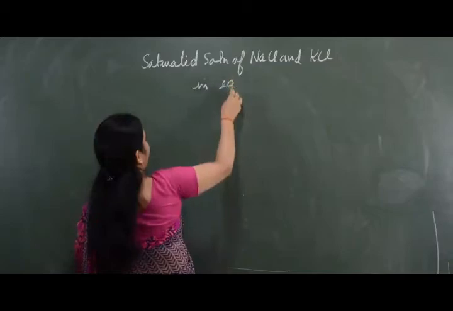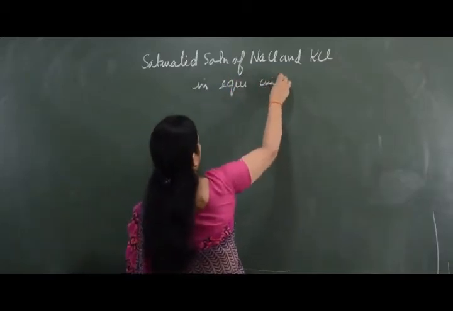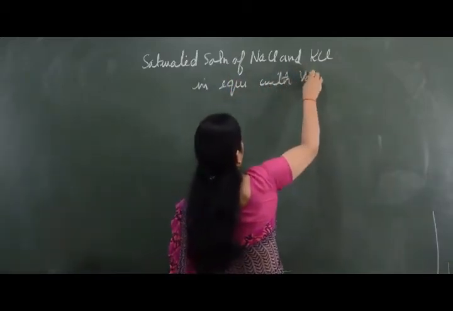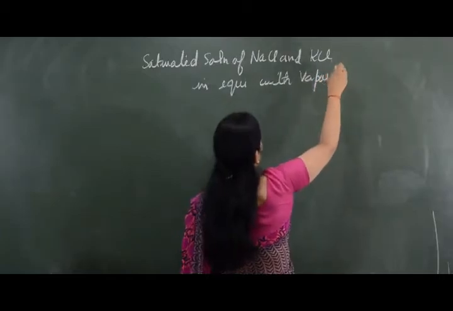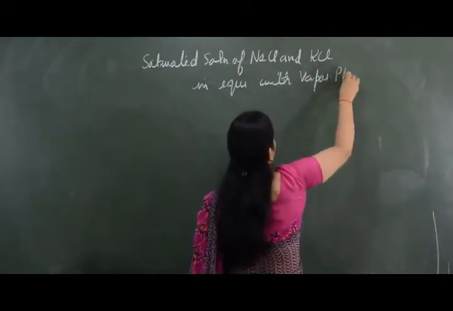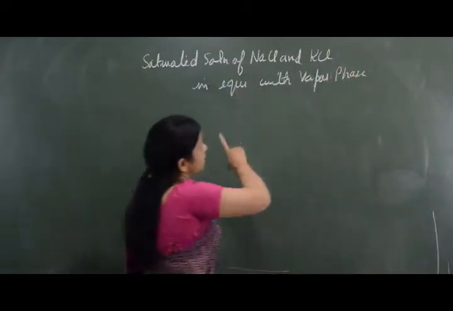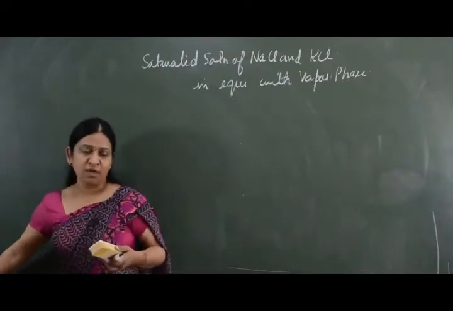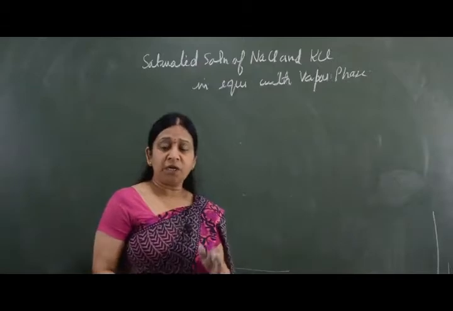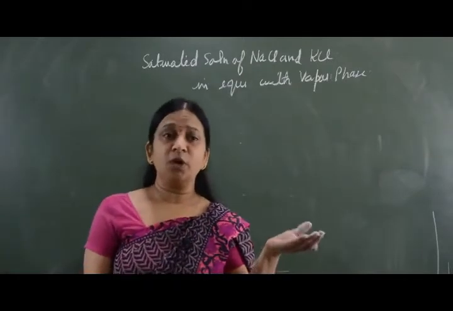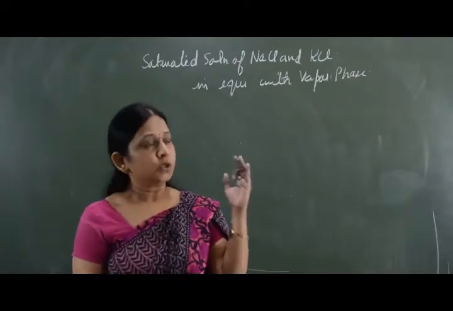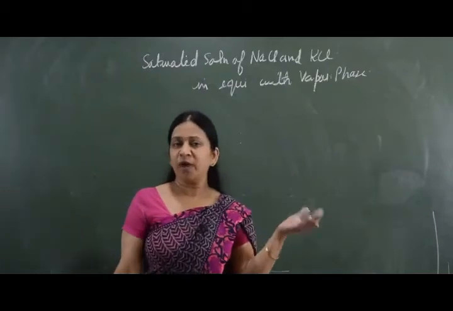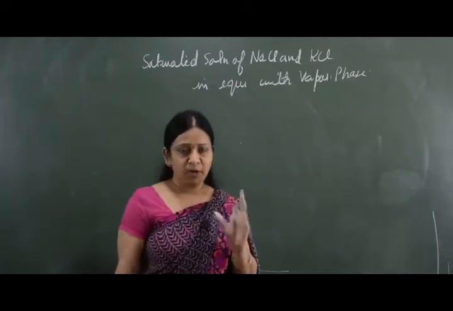This is the system which is given. We have taken a saturated solution of NaCl and KCl because they are strong electrolytes. Because they are strong electrolytes, they are going to completely dissociate if we take a normal solution. So we have taken a saturated solution. Why? Because we need the sign of equilibrium.